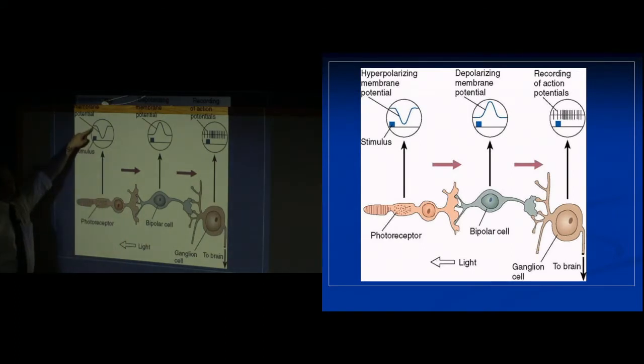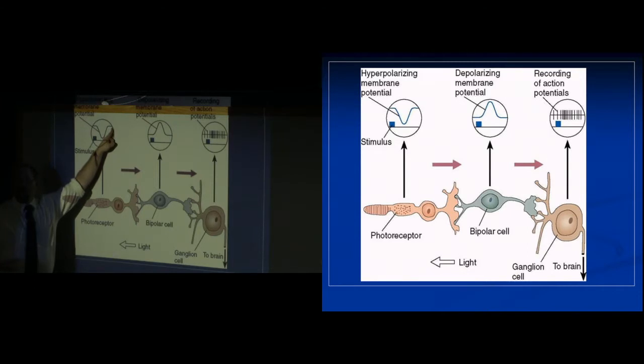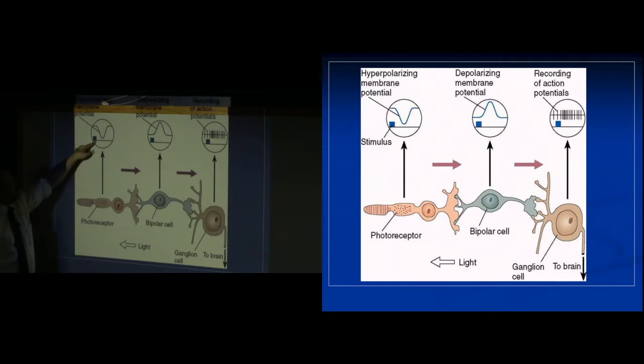Now, remember that as membrane potential goes, I have a parallel change in the release of neurotransmitter. Okay, so when my stimulus, light, hits my photoreceptor, those sodium channels are going to close, and what happens? I'm going to get basically a hyperpolarization.